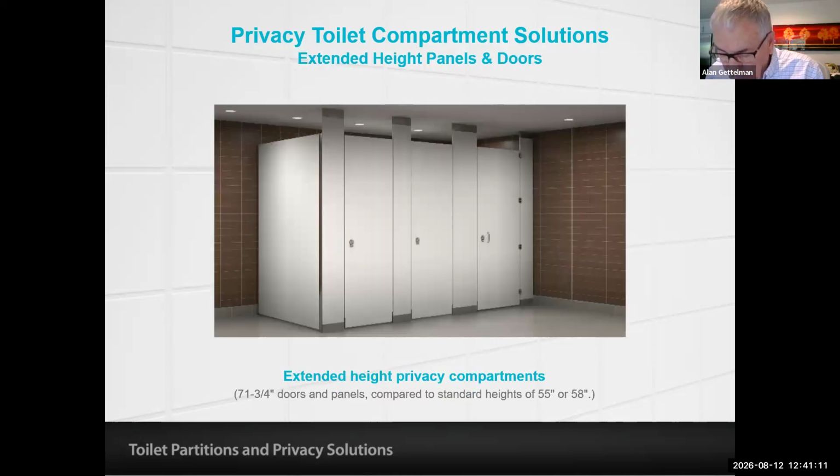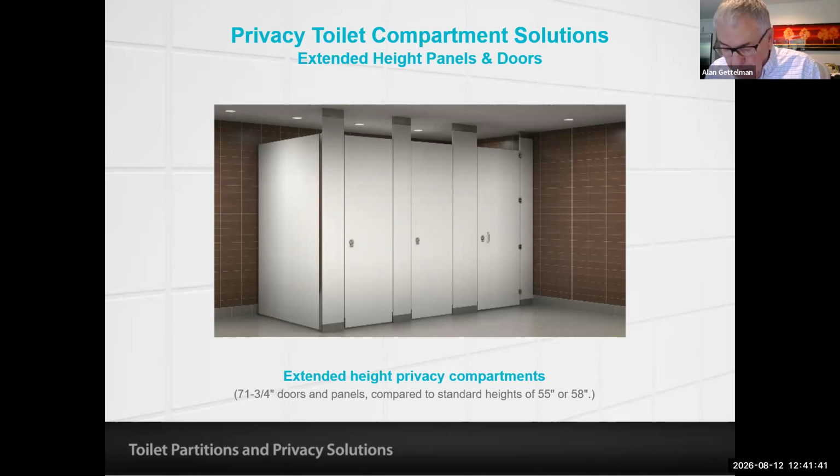Extended height privacy compartments consist of 71 and 3/4 inch high doors and panels with nominal 4-inch floor clearance. A combination of the integrated no sightline privacy doors and stiles and the extended height privacy compartments provides the most privacy, as it combines both an interlocking design with no sight lines and the taller compartments. Compare this to the standard size of toilet compartment panels and doors.